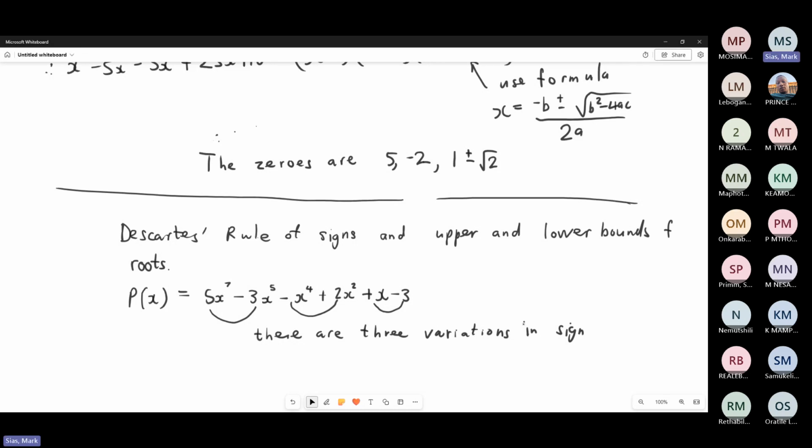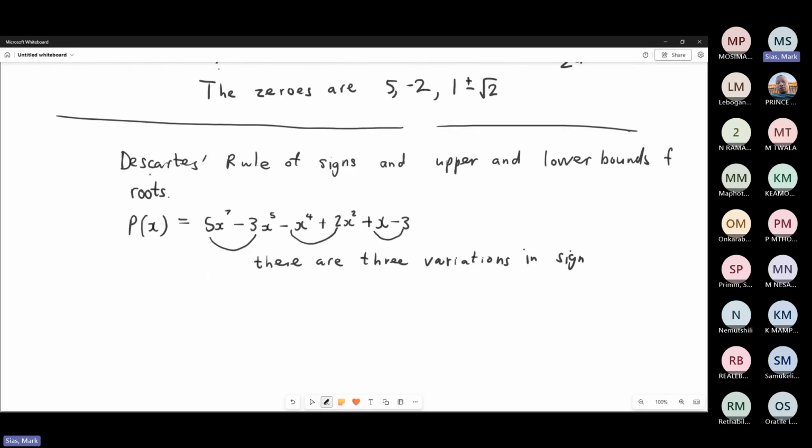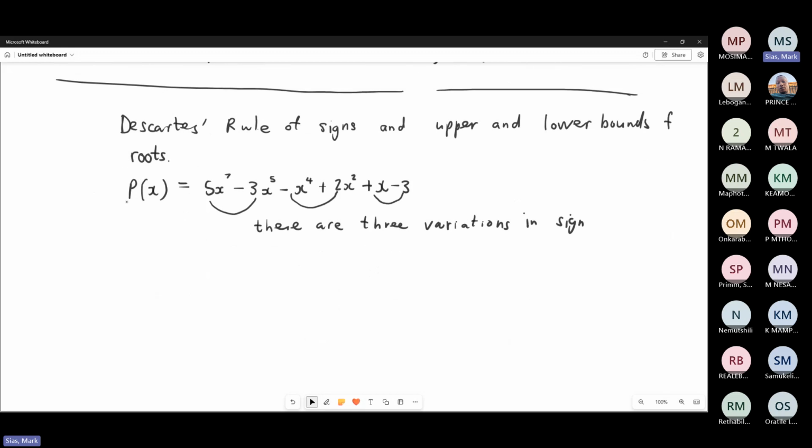Now let me state the rule properly, what it says exactly, okay? So now we come to the actual rule, and it says something about the number of positive real zeros. Just after this, you'll see how to determine from it the upper and lower bounds where the roots are lying. This is very important.